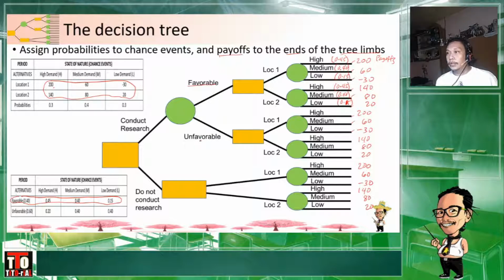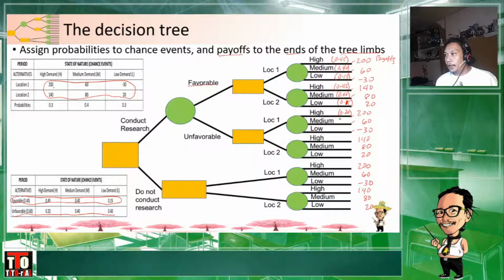Now, here we go to the unfavorable market. Here in the unfavorable market, we have also placed the probabilities. The chance of high demand on an unfavorable market is 0.20.